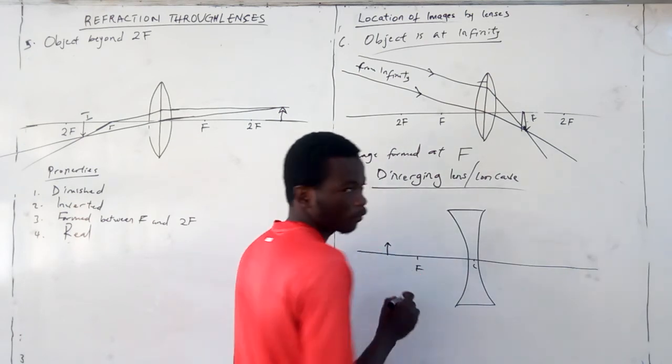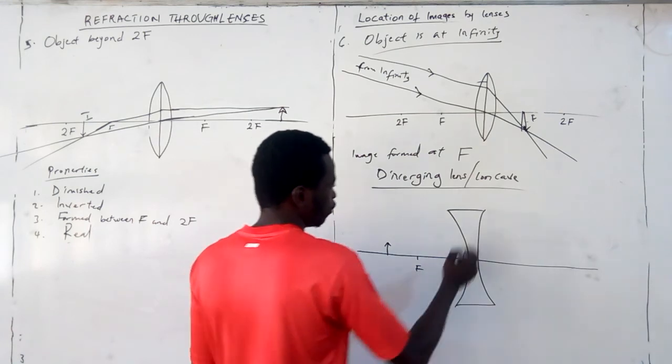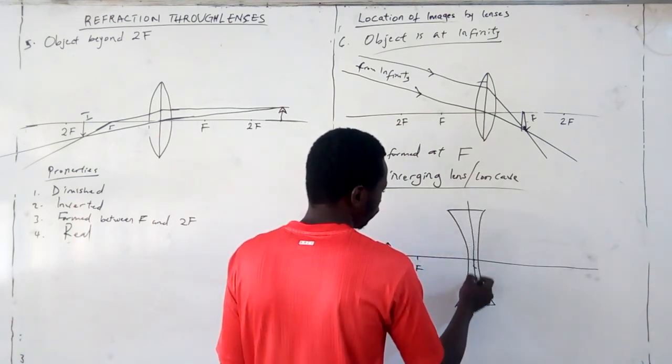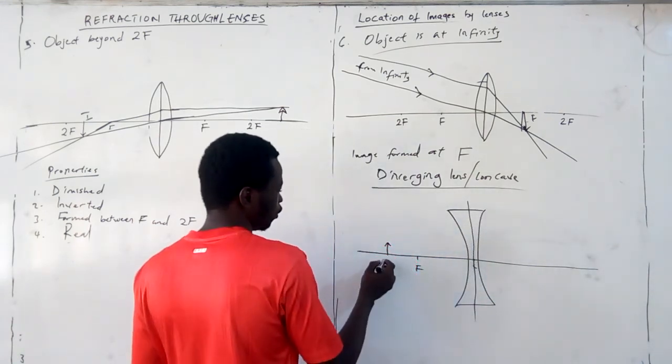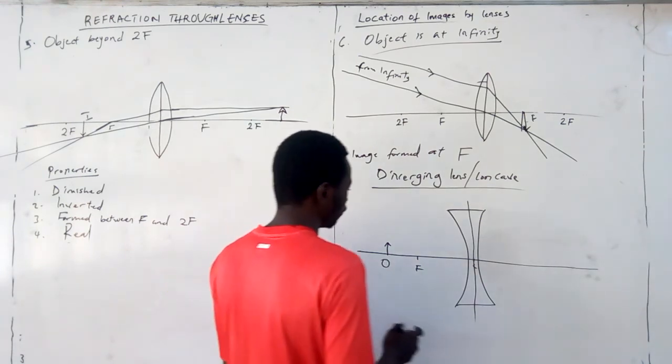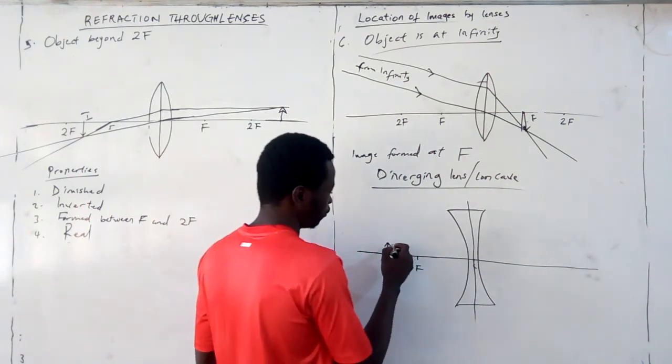If we have an object placed on one side of the lens, this is the only image that will be formed.